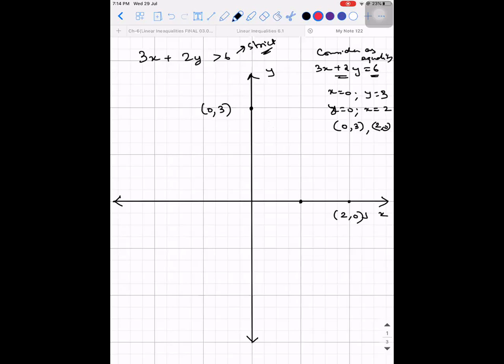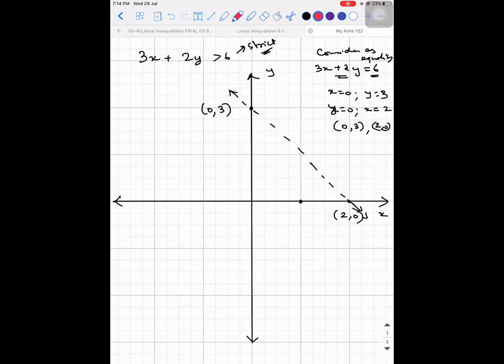For today, you follow the procedure. Why it is so, I will explain after you practice, you will understand. Did you understand why I took dotted lines? Because it is strictly greater than. That is the reason.